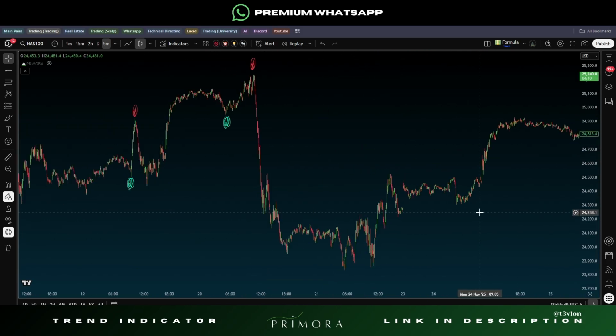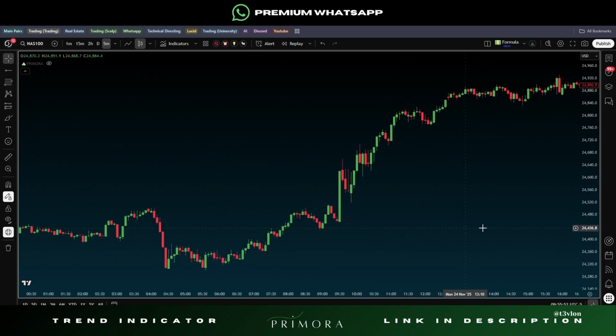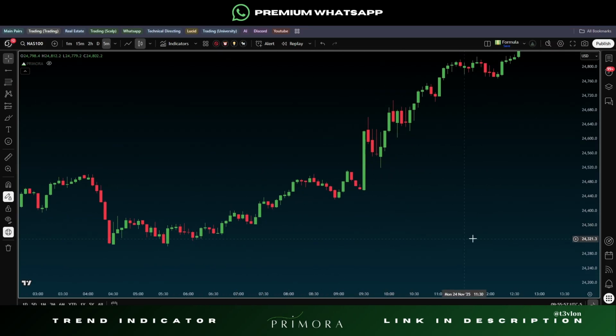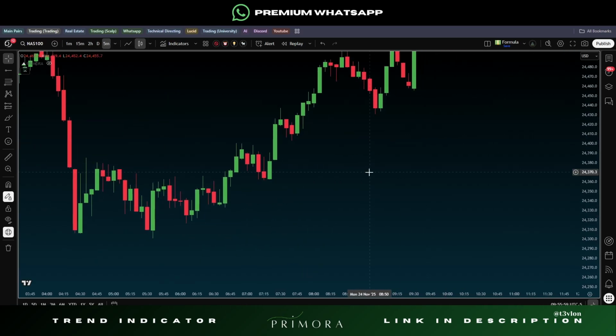Here it is again. So in a bullish market, again, same thing. Price is pushing up, which means it does not want to go for the lows. It doesn't matter the time frame. This is a low that is pushing bullish.